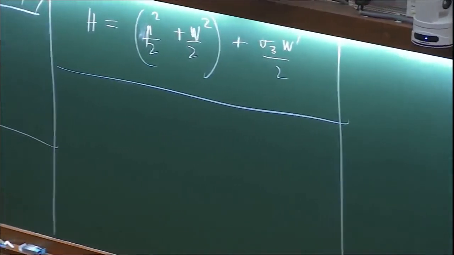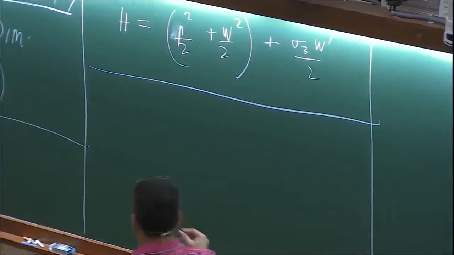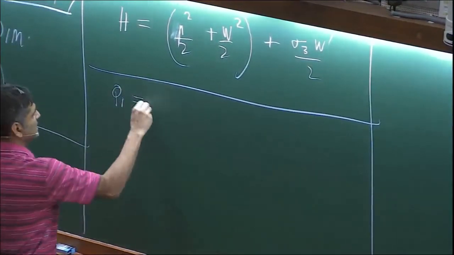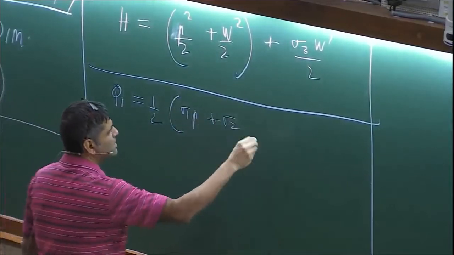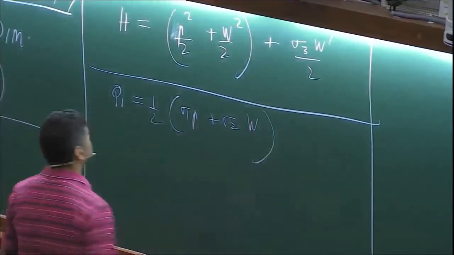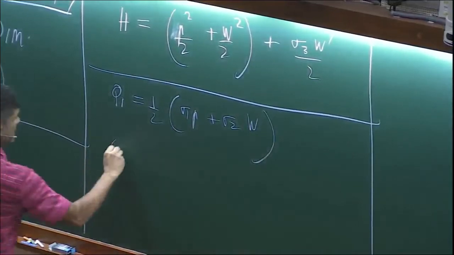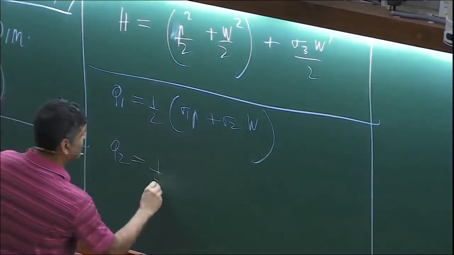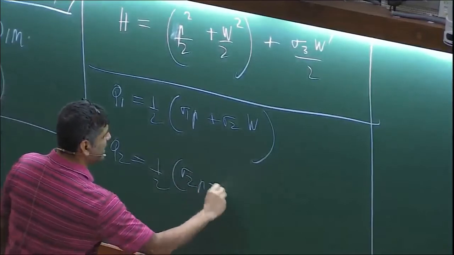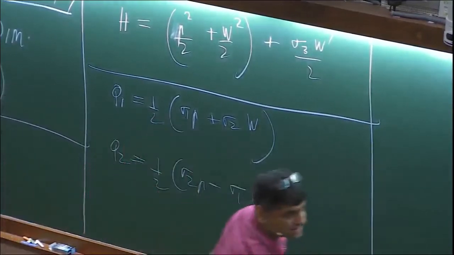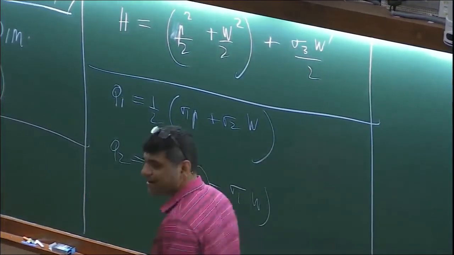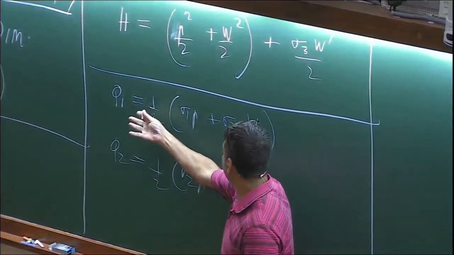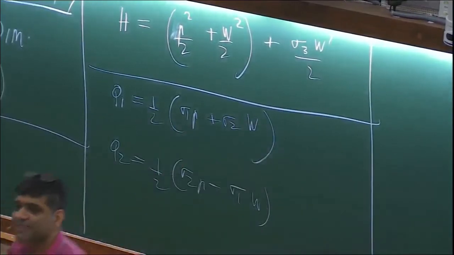Consider the operator Q1, which is equal to half of sigma 1 p plus sigma 2 W, and Q2, which is equal to half of sigma 2 p minus sigma 1 W. I hope I got this right. These are obviously operators acting on the Hilbert space of our system.